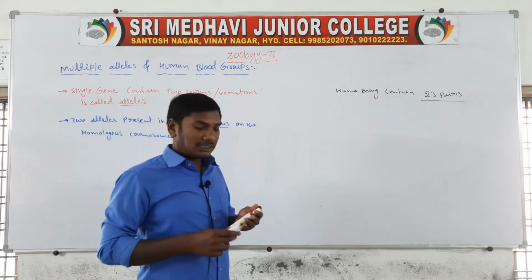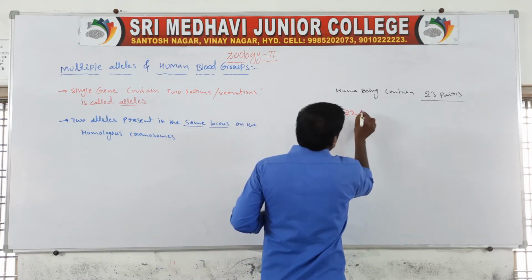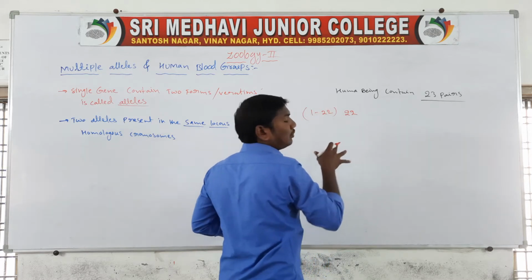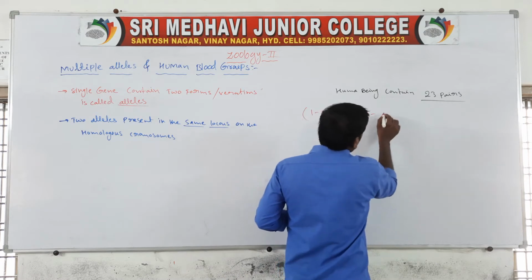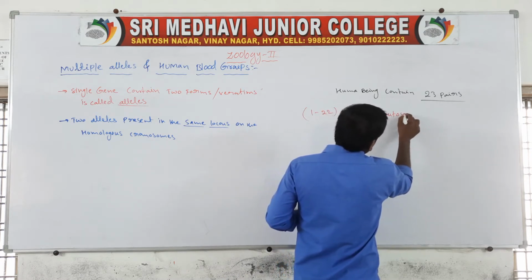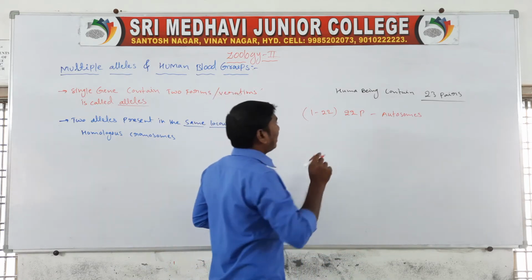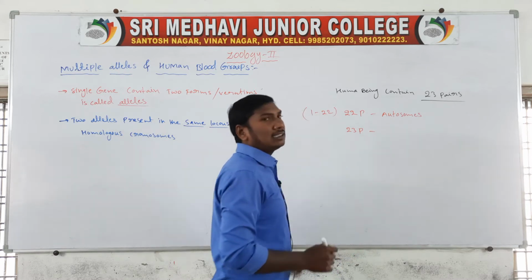Of these 23 pairs, the 22 pairs, chromosomes 1 to 22, are called autosomes. The last, 23rd pair of chromosomes is called allosomes.